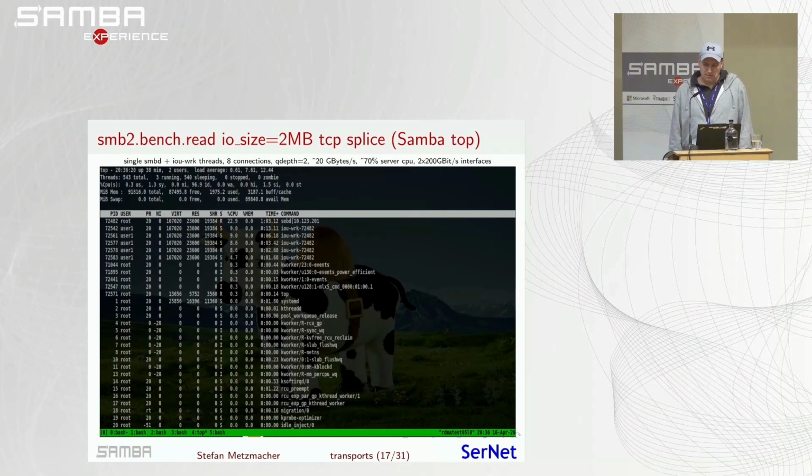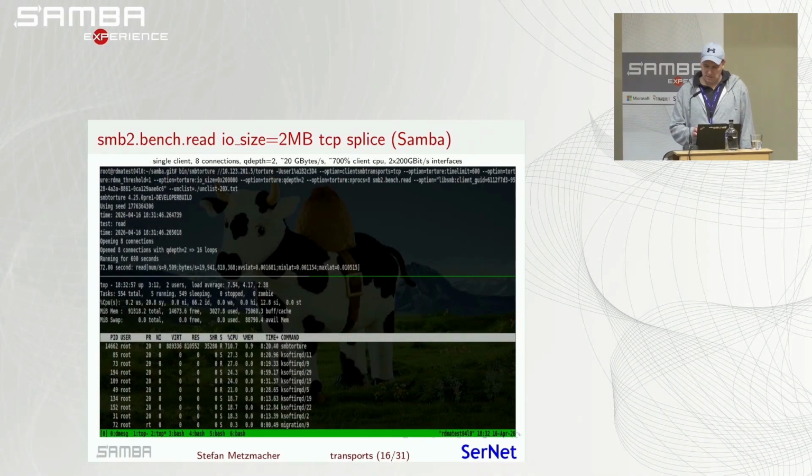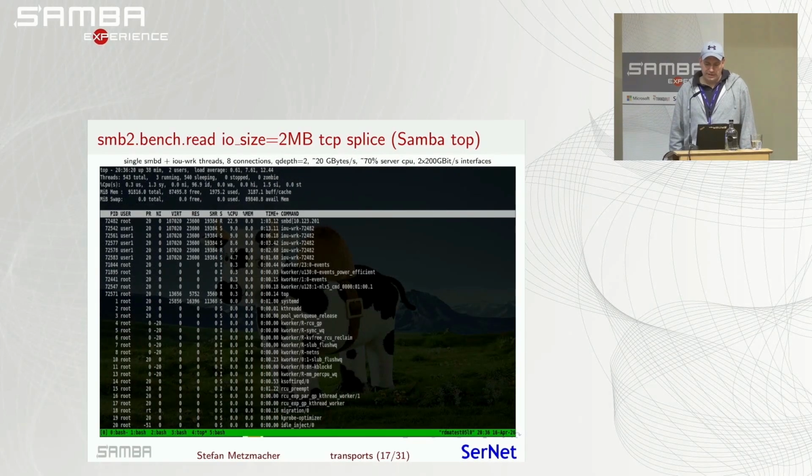So we have 8 connections and so on, but as we see here, we use the client GUID option of SMB torture, which means based on the client GUID, all connections would end up in the same SMBD on the server side, and basically serving 20 gigabytes per second over TCP, and from there it's a limitation on the TCP stack, at least as far as I can see.